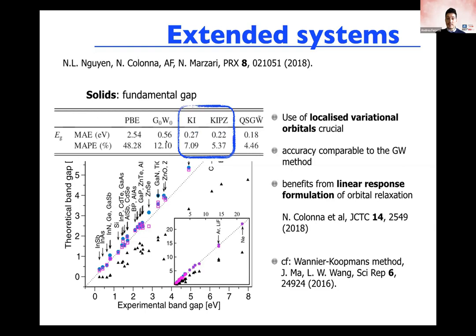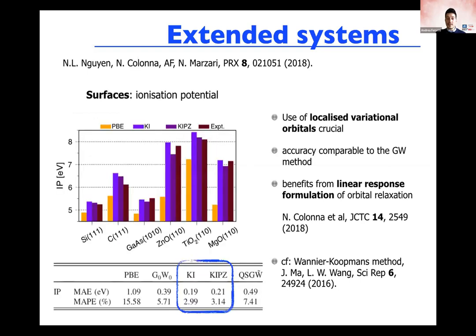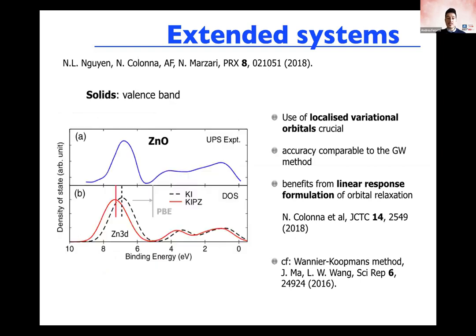And here we can compare it over this set with other methods, G0W0, and notably also quasi-particle self-consistent GW with some vertex corrections in W. And so KIPZ performs pretty much as well as the most accurate method we have to date here in the table, and that is true also for the ionization potential of surfaces, and then to the description of bandwidth.